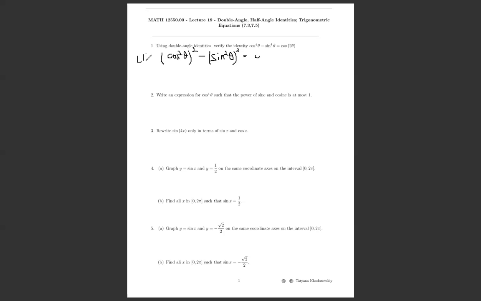Let's do only the left hand side first. This is a squared minus b squared, so basically it is equal to a minus b times a plus b.